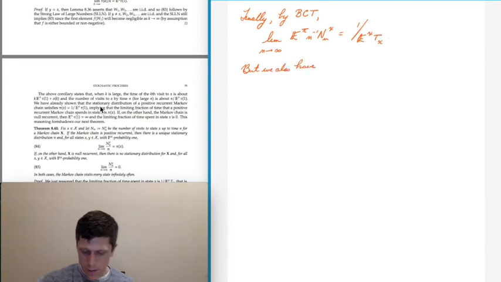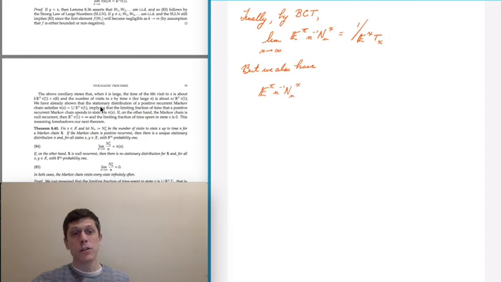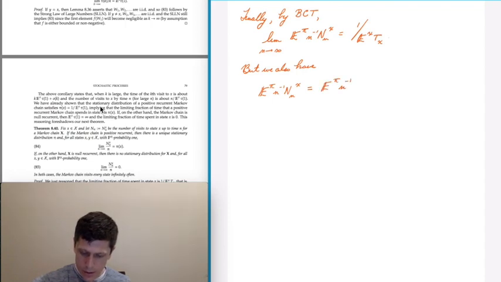But we can also compute this expectation a different way, right? So the number of times we visit a state up to time n is a sum over all time points of the indicators of whether or not we visited the state.